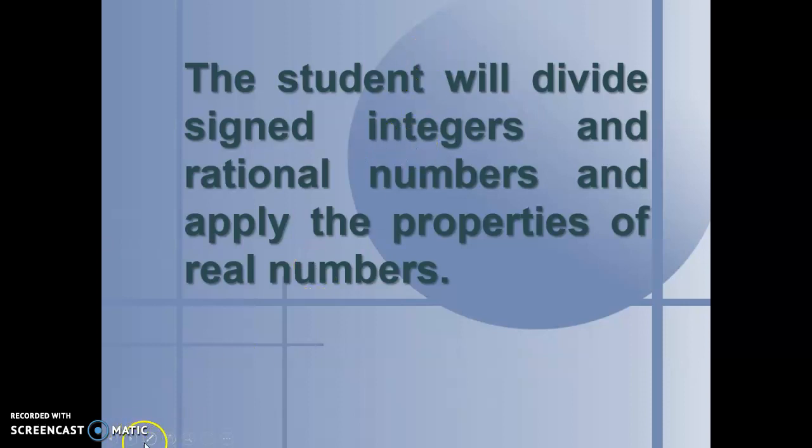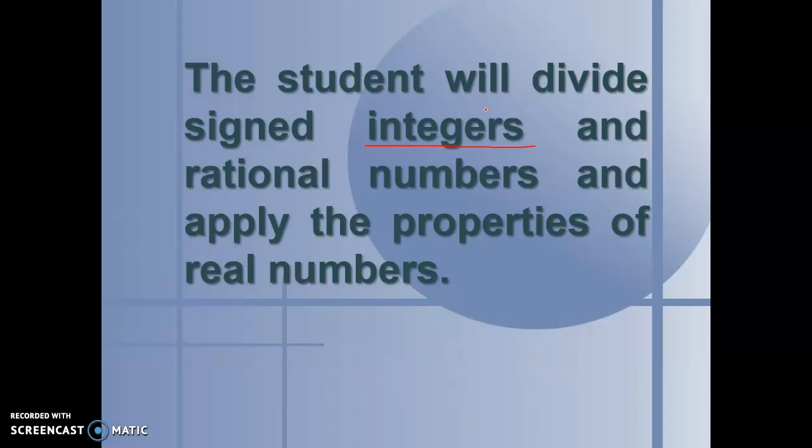Now, just a quick reminder that an integer is a digit, negative or positive, and it's not going to be a fraction. So it's all of the whole numbers with their opposites. So 0, 1, 2, 3, 4, 5, 6, 7, 8, 9, and then their opposites, negative 1, 2, 3, 4, 5, 6, 7, 8, 9, and so forth.